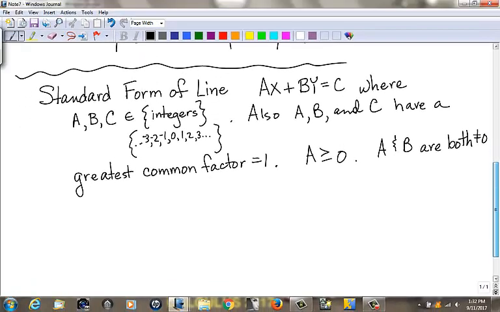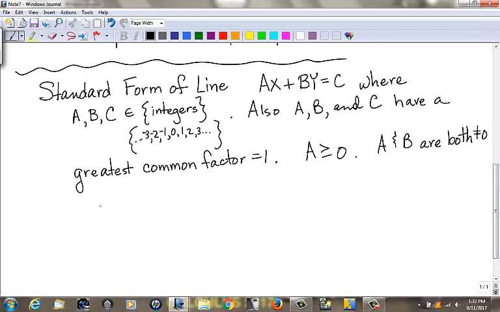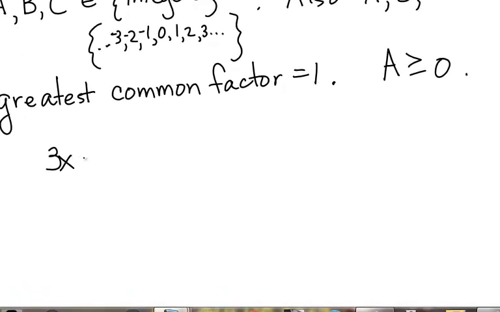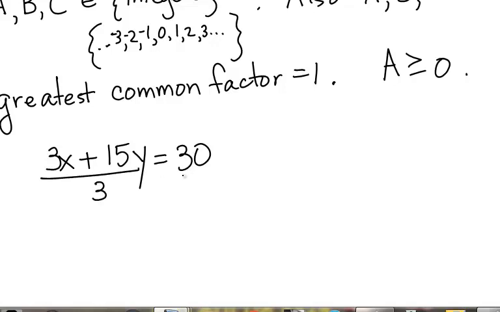Okay, so an example. If I have 3x plus 15y equals 30, that's not in standard form because there's a common factor of 3. So you can divide by 3 on both sides or factor out a 3. It's okay to divide by 3.